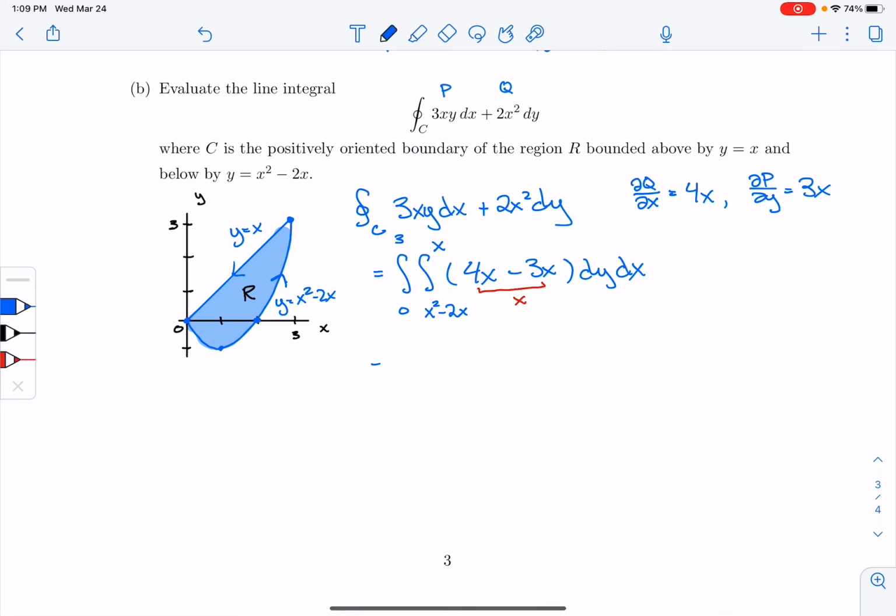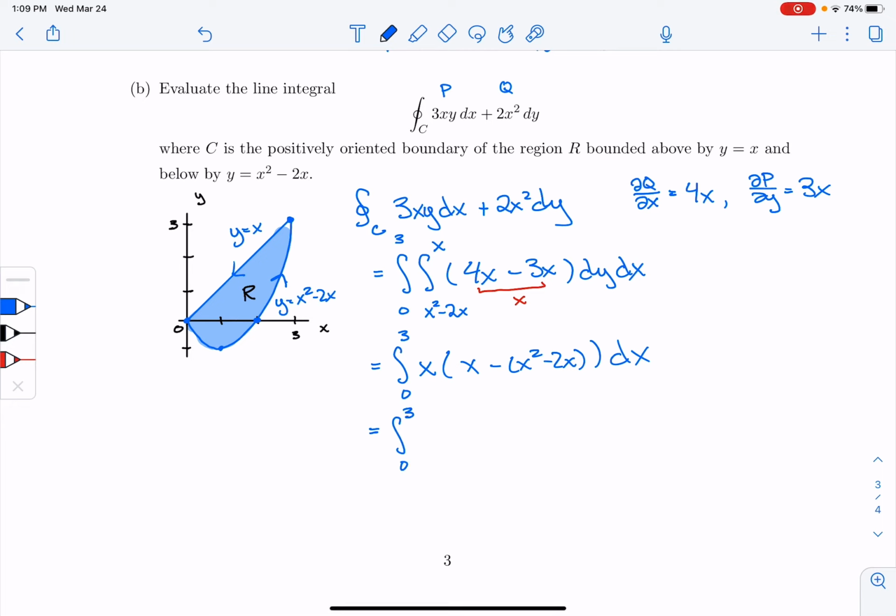Well, that's going to be the integral from 0 to 3 of x times the integral of 1 dy. And if I integrate 1 from x squared minus 2x to x, that in fact is going to be just x minus (x squared minus 2x). And then I'm just going to want to simplify this just a little bit. So this will be the integral from 0 to 3.